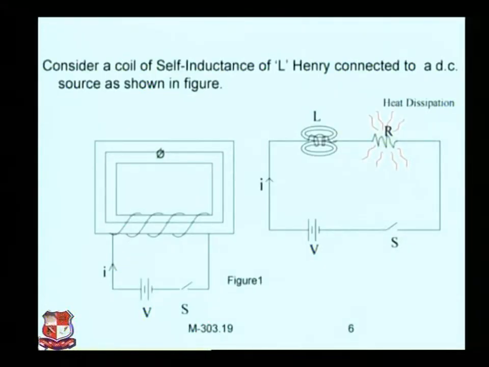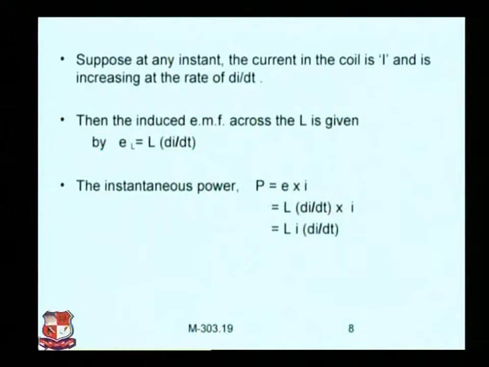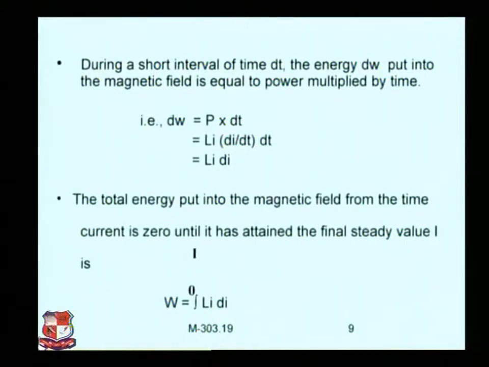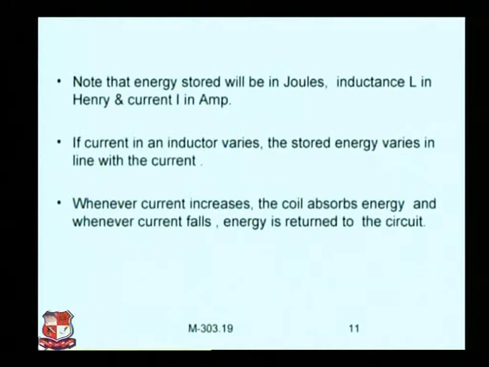This is a magnetic coil with supply V and a switch S. One by 2 L I square, which we already proved.